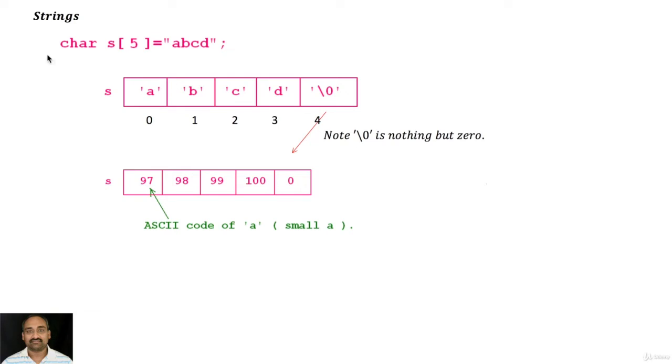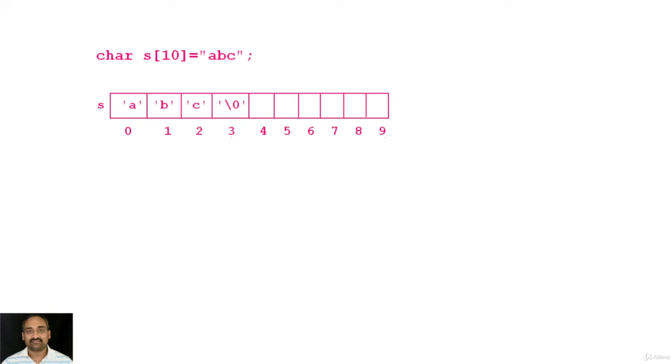Now let us also consider a special case. When we declare char S of 10 equal to ABC, the actual array size is 10, but the given string is ABC, which is 3 characters. So it is stored in memory like this, ABC followed by \0.